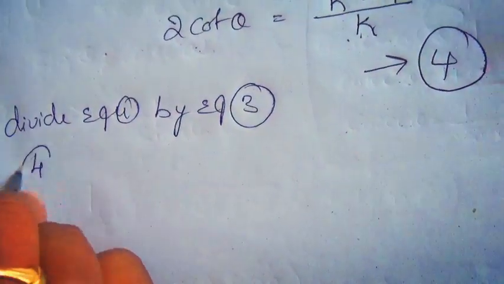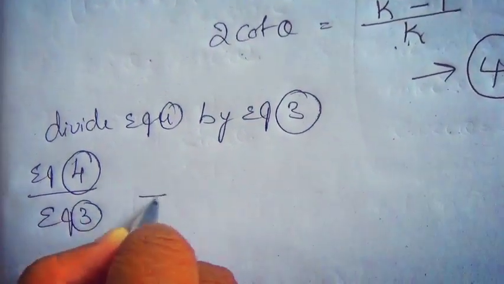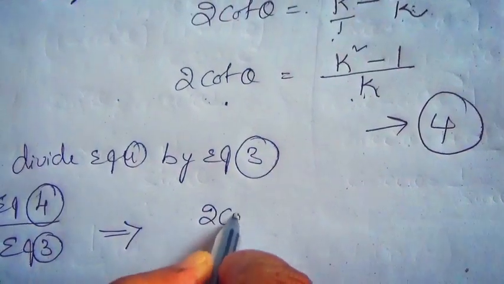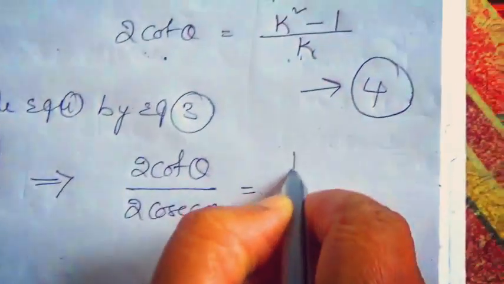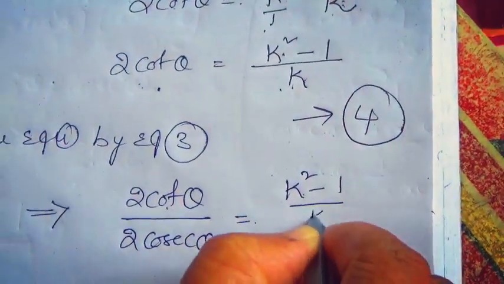That implies 2 cot theta by 2 cosecant theta is equal to k square minus 1 by k, whole by k square plus 1 by k.